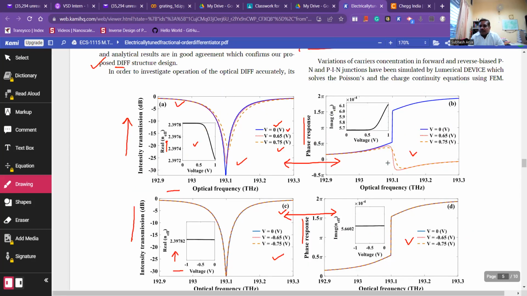Critical coupling to overcoupling, if we increase this voltage, increase the voltage, this one. Okay, so this is a fractional order. Here 0.65, 0.75. This is 0 voltage, a first order differentiator. So the phase changes, okay, from 0 to positive to negative.